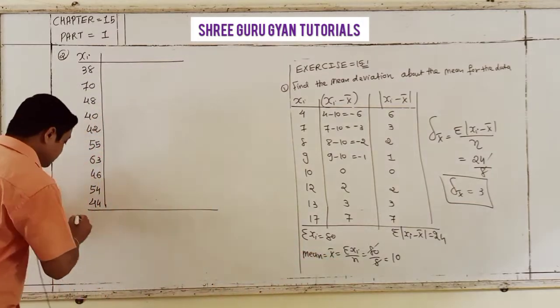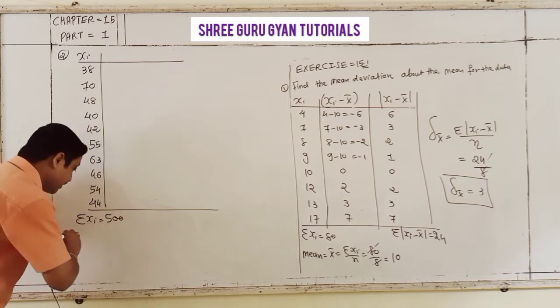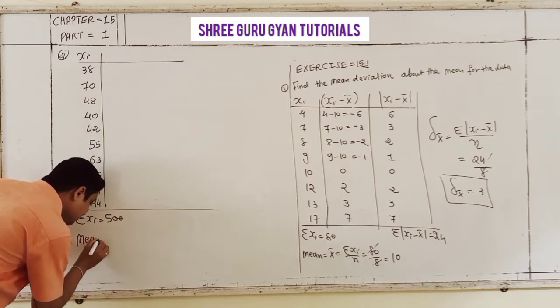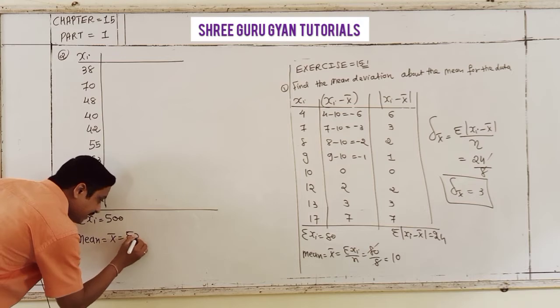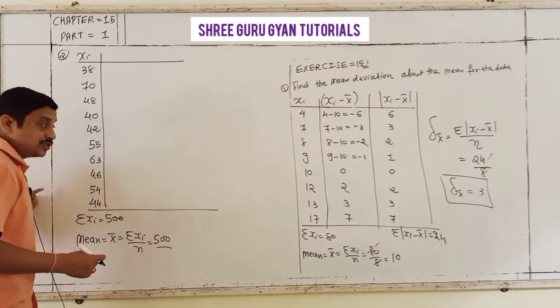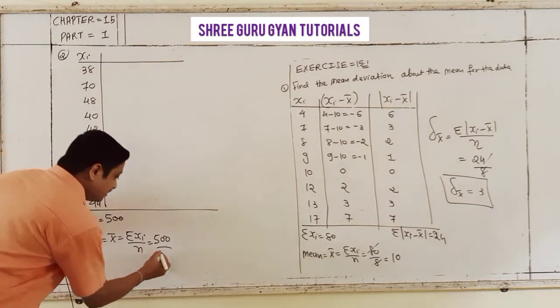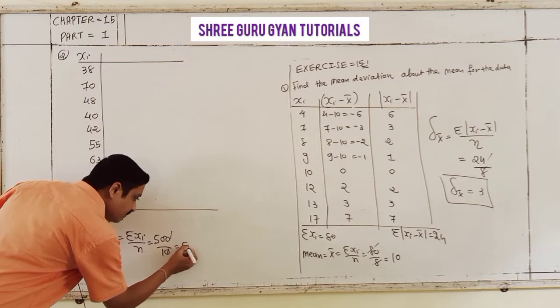If you total, sigma xi, we get 500, and for the mean I write sigma xi upon n, that is 500 upon how many observations? 1, 2, 3, 4, 5, 6, 7, 8, 9 and 10. So we get only 50.